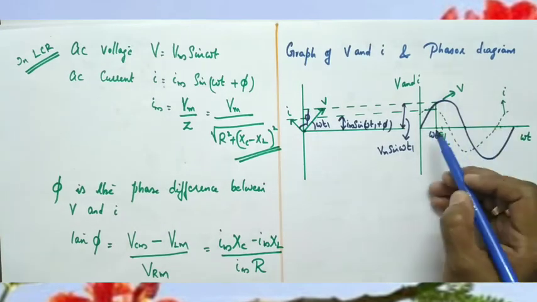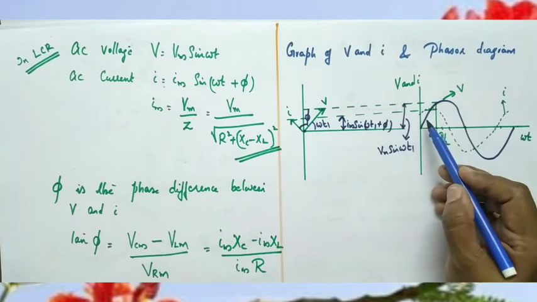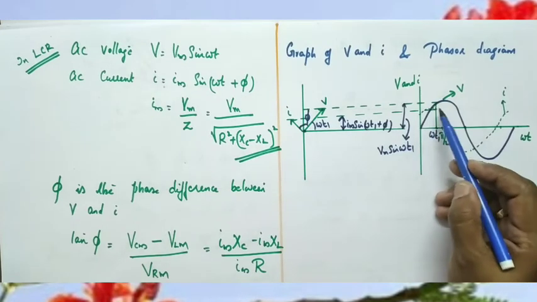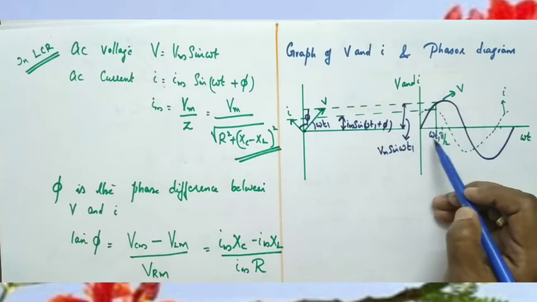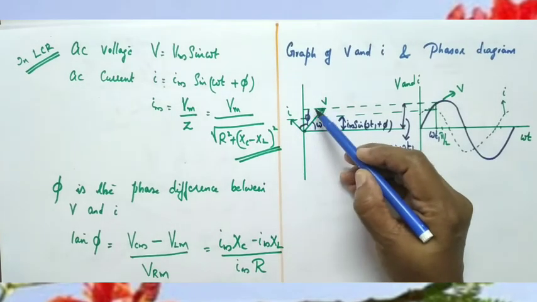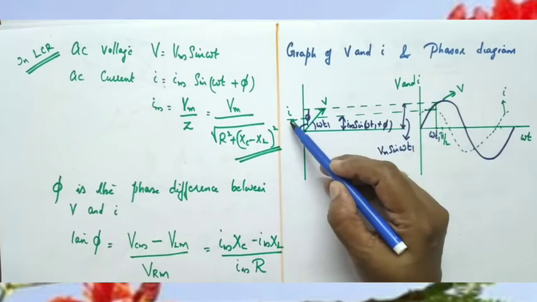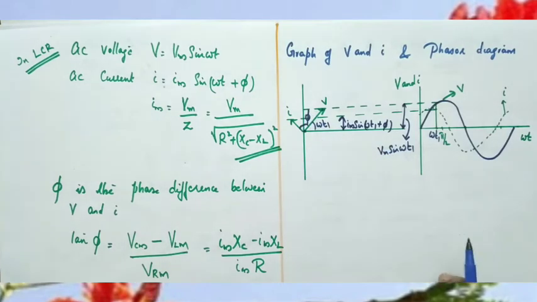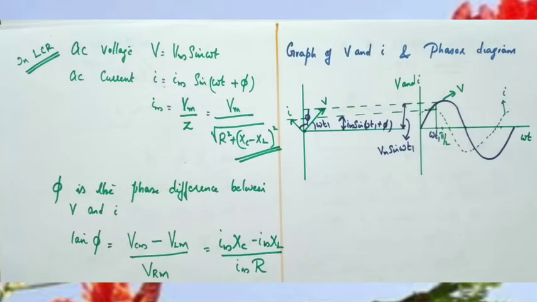From the graph itself it is clear that current leads voltage by an angle phi. If you consider a point between 0 and pi by 2, let that angle be omega t1, and draw a perpendicular, this represents the voltage phasor and this represents the current phasor, and the angle between them is phi. So this is the graphical representation and phasor diagram of AC voltage connected to series LCR.